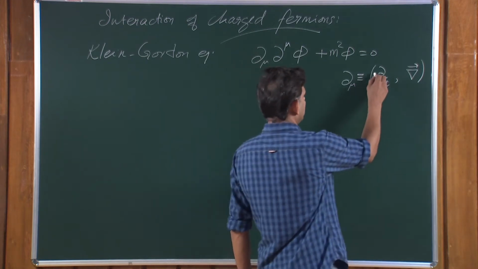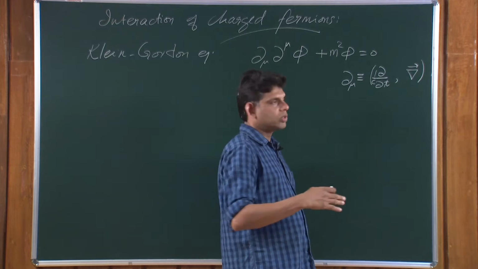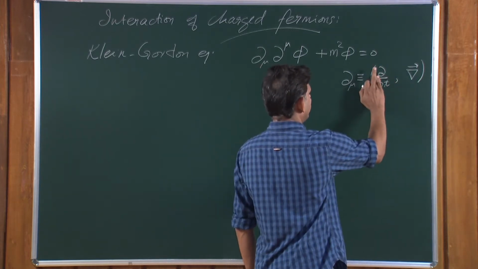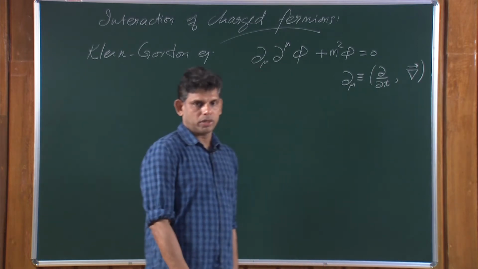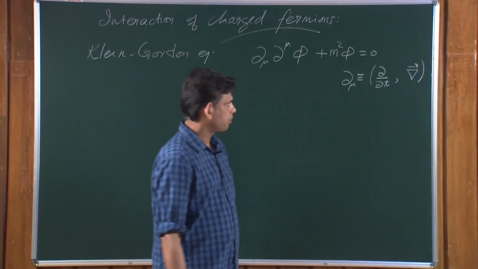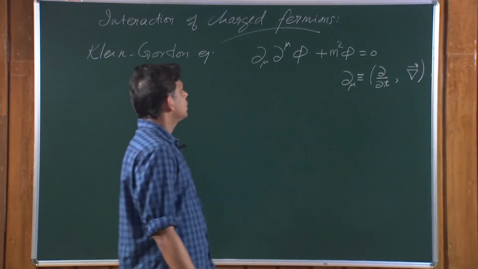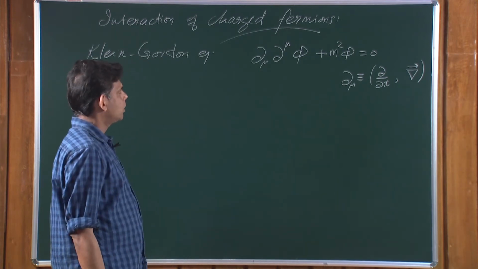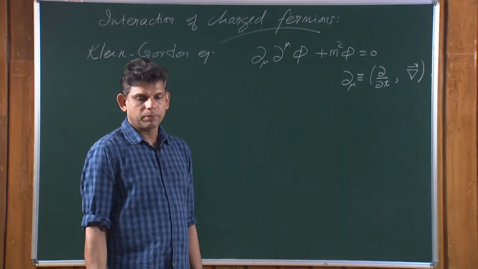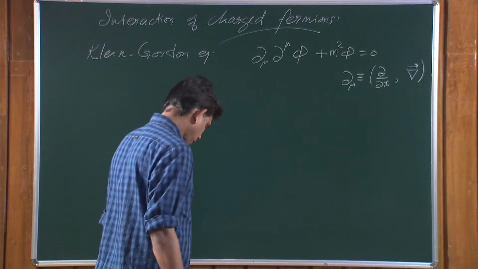Usually it is written as 1 over c this thing, but we are using a system of units in which c is taken to be 1 and the Planck constant h cross is equal to 1. Now, this is basically the Klein-Gordon equation describing whatever particle is represented by the wave function phi.